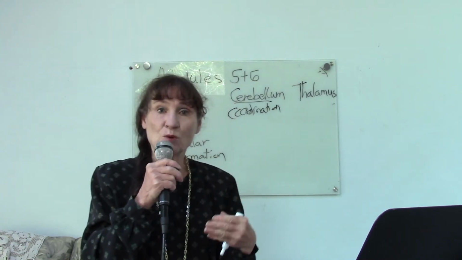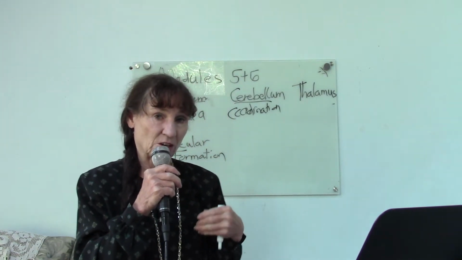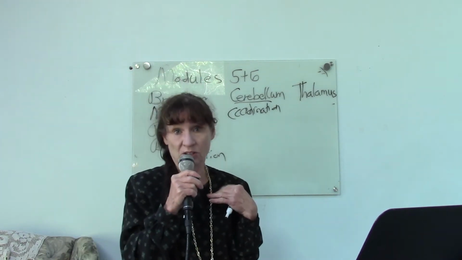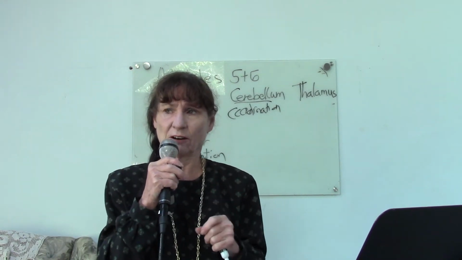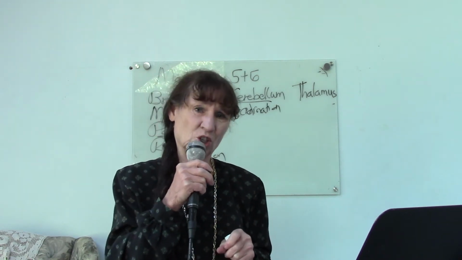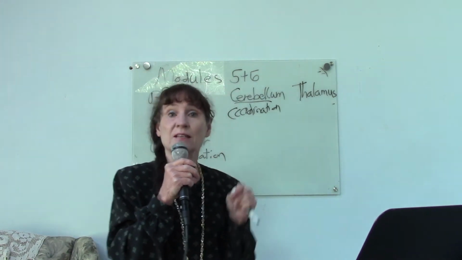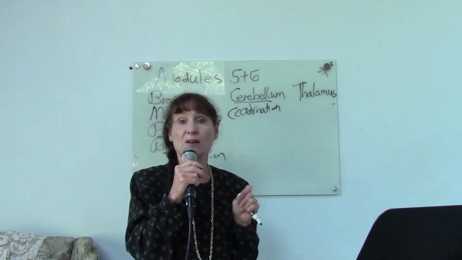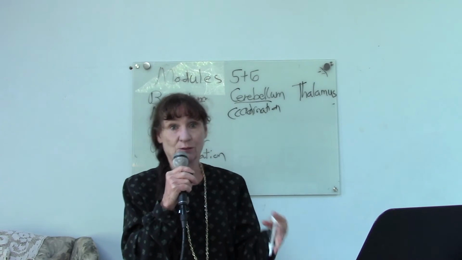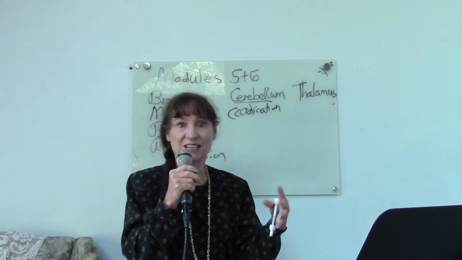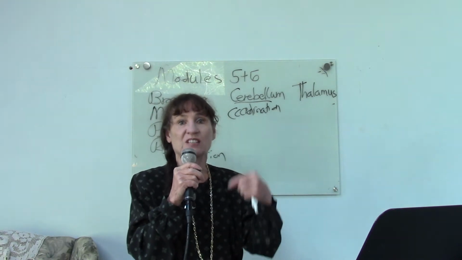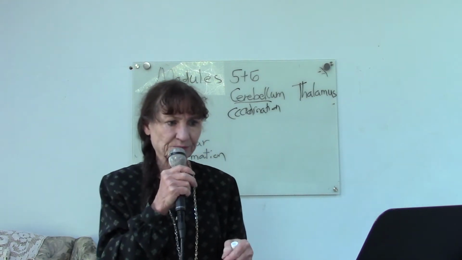Someone who has damage to their cerebellum has an uneven gait. One of the mentally challenged individuals that I took care of, he was in his 80s. He fell out of a second-story window when he was 2. And you could still see the damage to his cerebellum that was a result of that fall, because he walked like he was going to fall down. He tottered like a toddler would. He rarely fell down, but it was just a really uneven gait.